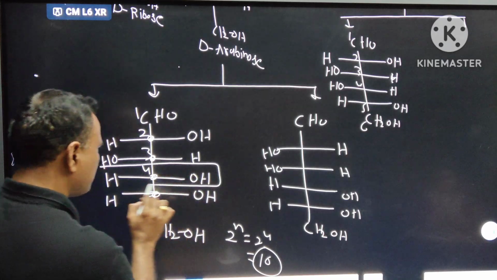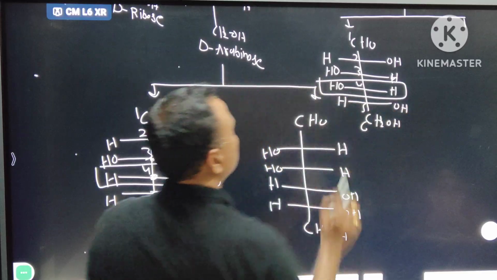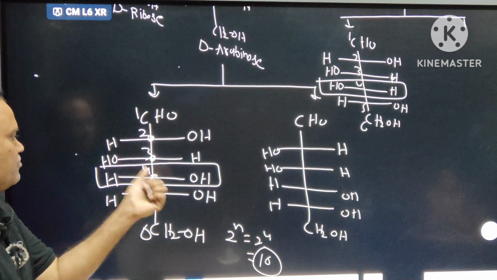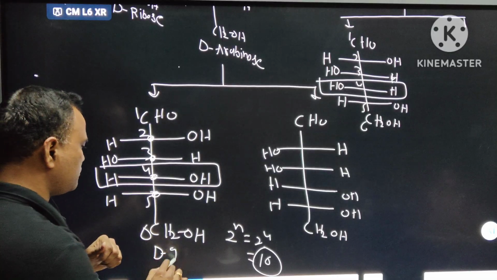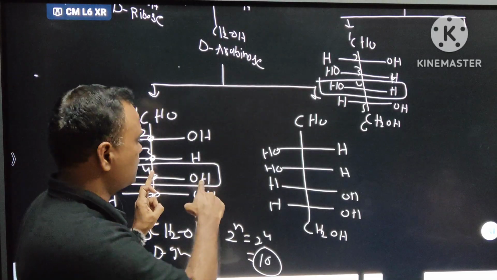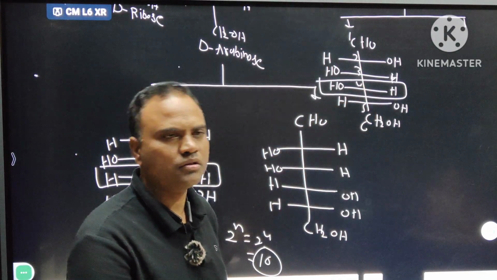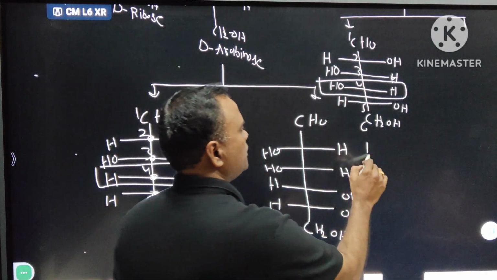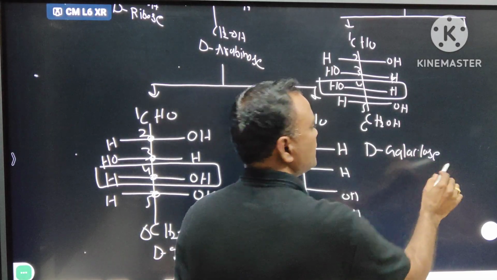Look at this. Where is it? At the fourth carbon in D-glucose, OH is on the right side. In this compound, OH is on the left side. This is D-galactose, very important.